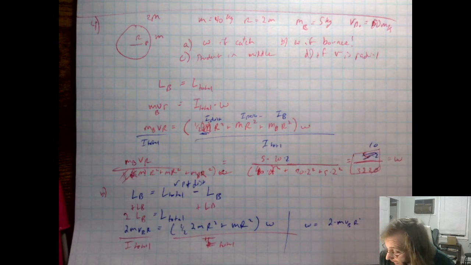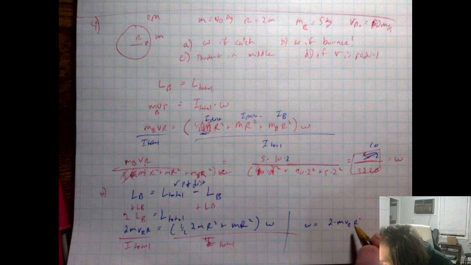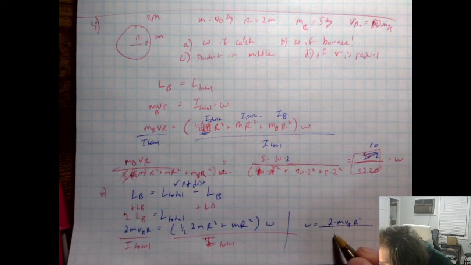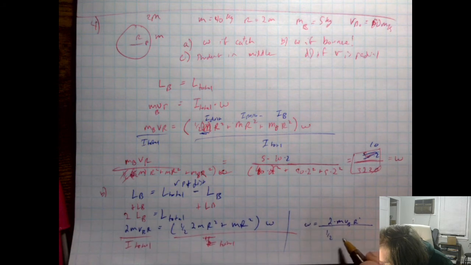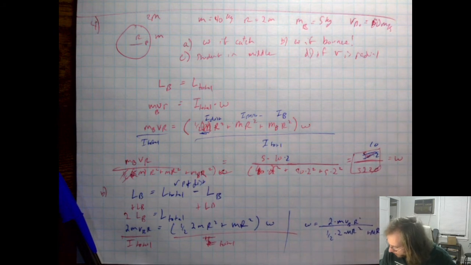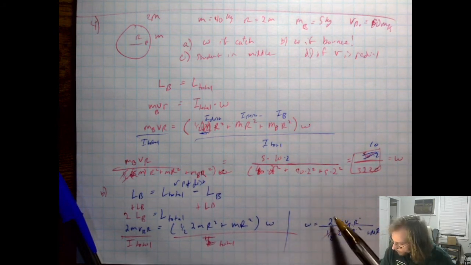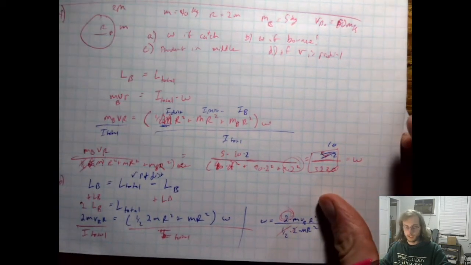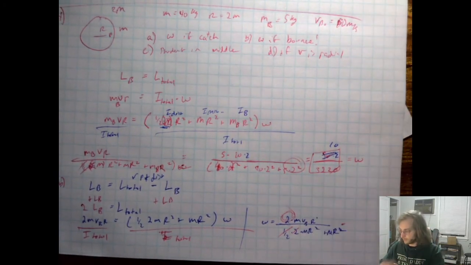times 2, so 10 over 3, 322. And that'll be divided by 1/2 times 2 times m R squared plus m R squared. So this time, there's only two big differences, which is that we've got double the change in momentum, and we don't have this tiny little extra term added on to our final moment of inertia.